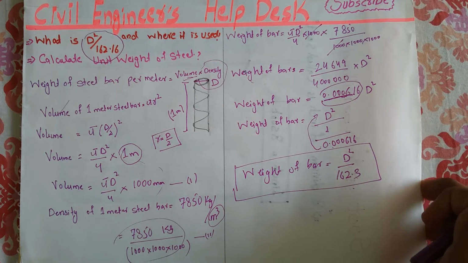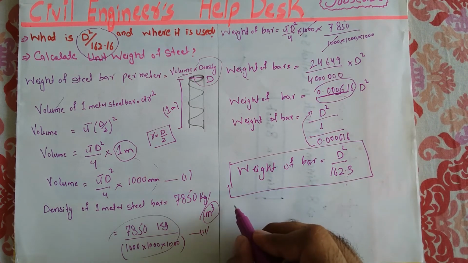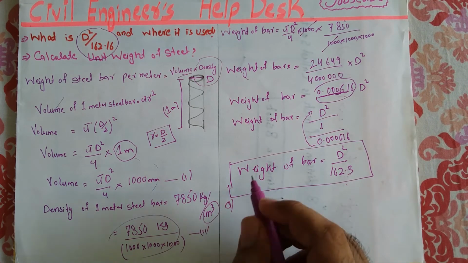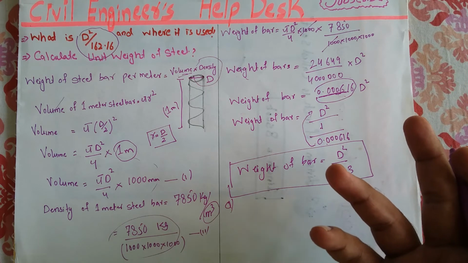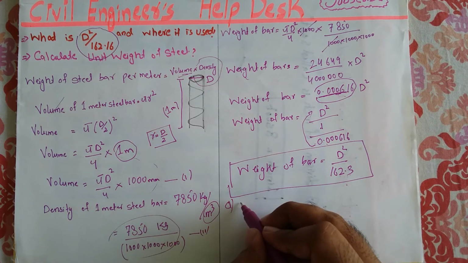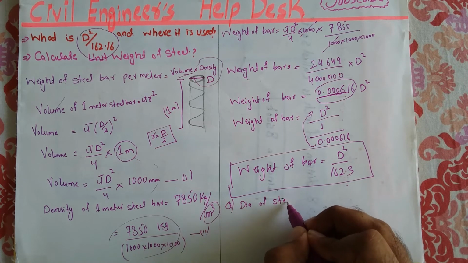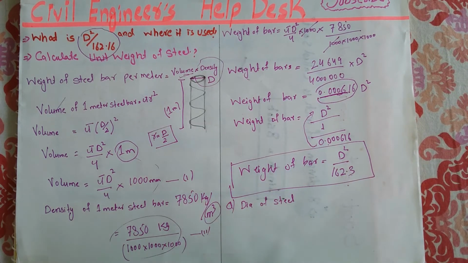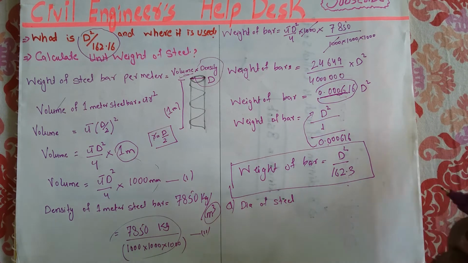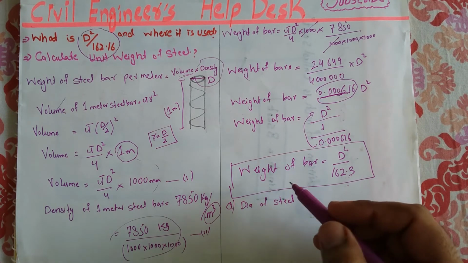So we will take an example now, and try to solve how this formula will work. Viewers, let us suppose we have steel of 12 dia, as mentioned in the drawing. I am just giving you an example.